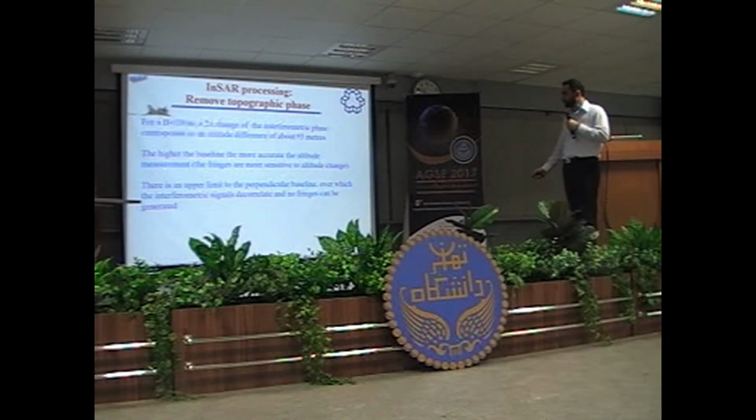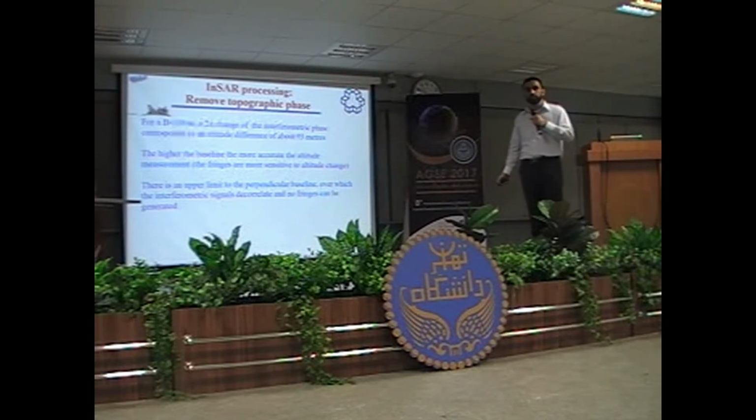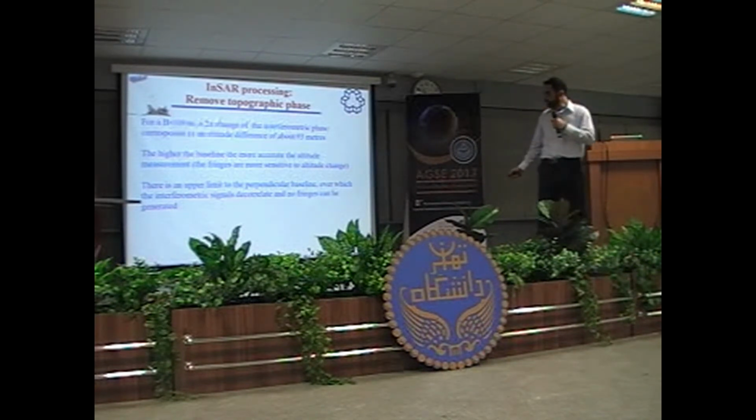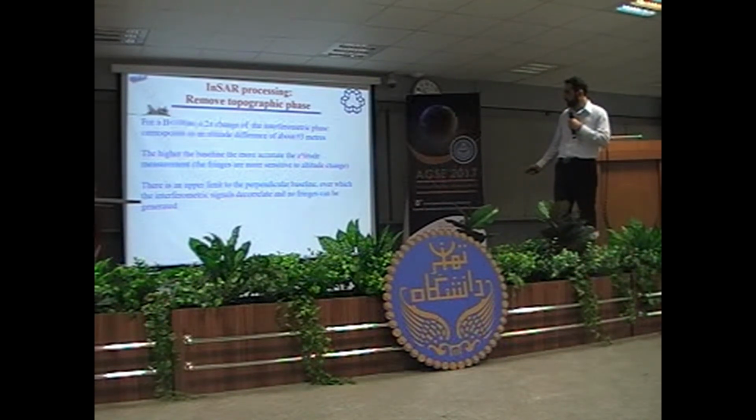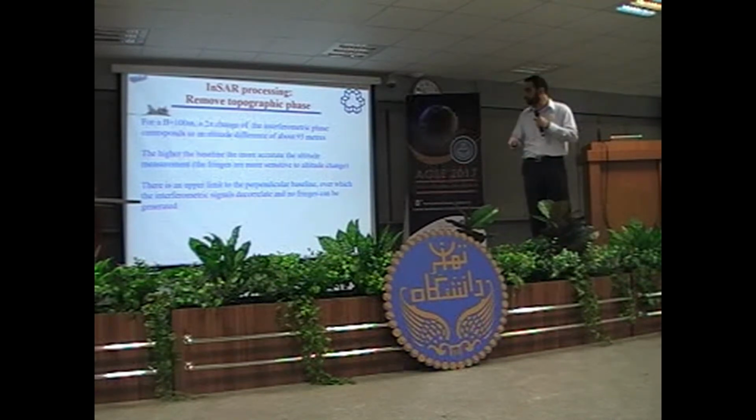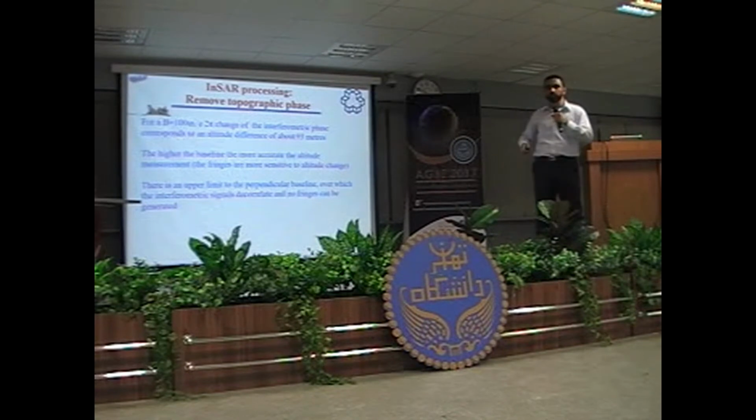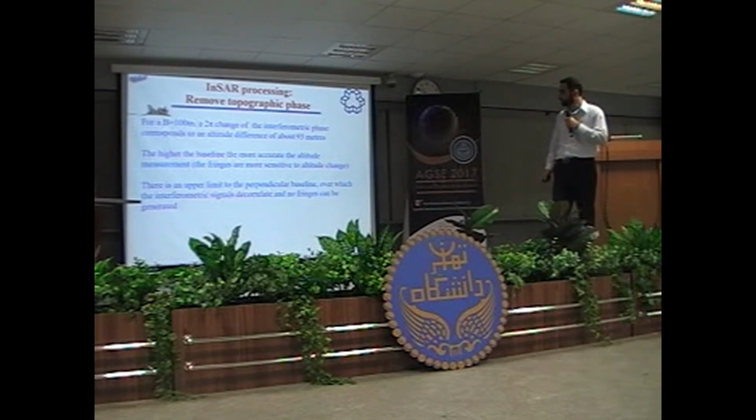So we can say that if the baseline is higher, then the altitude measurement is more accurate. It means your ruler for measuring the altitude would be more accurate in this case.